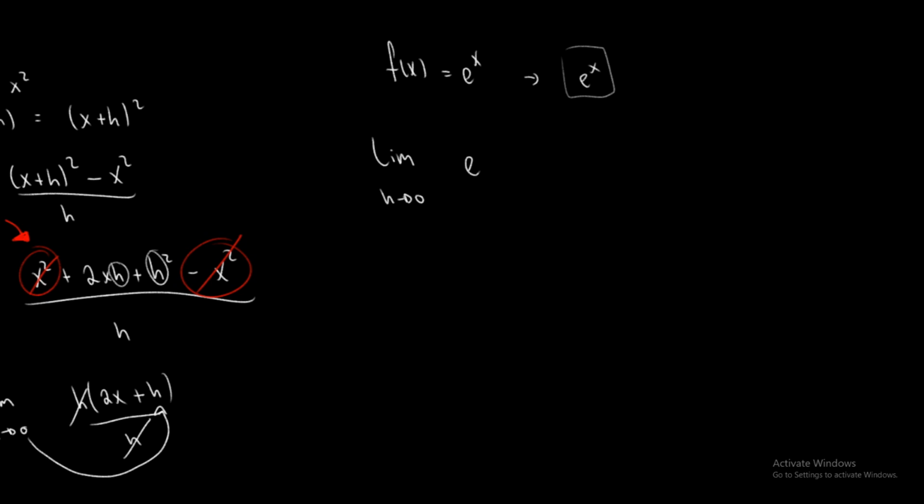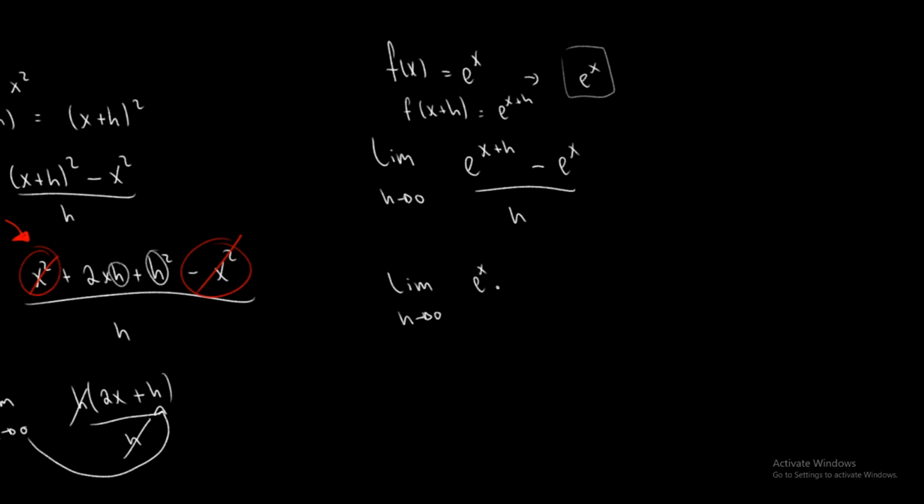So f of x is given as e to the x. Therefore f of x plus h should be e to the x plus h. So let's do it. Minus e to the x, over h. Now I can expand my e's.